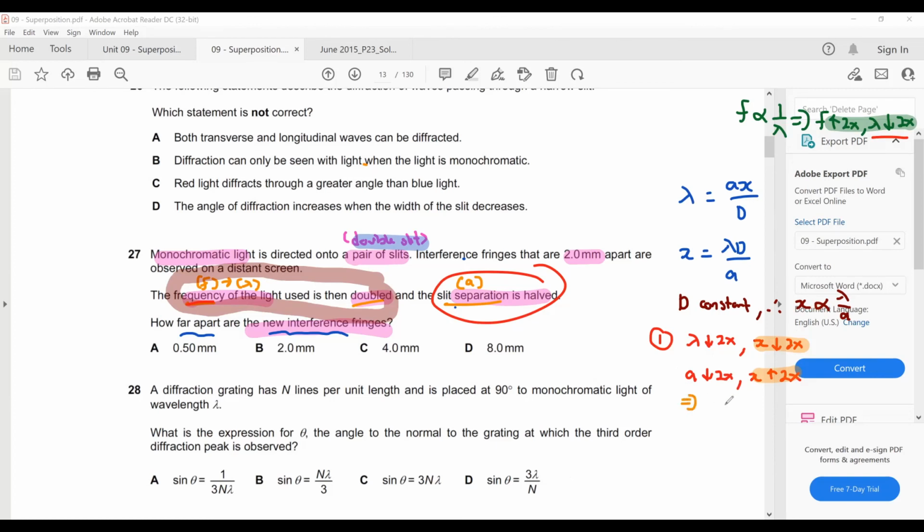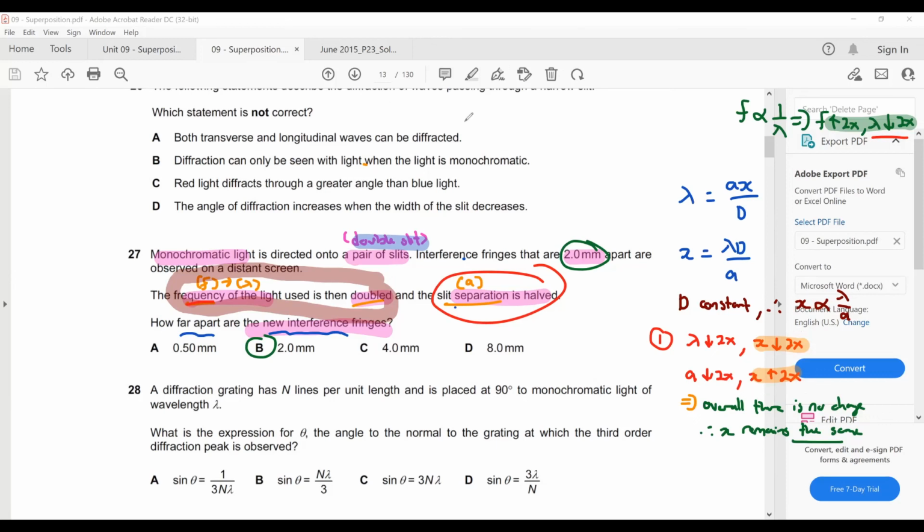The conclusion is that overall there's no change. Therefore, X remains the same. The original value of X was 2 millimeter, so now it should be 2. This is just looking at it by simple ratio method. If you want to calculate it out, you're supposed to get back the same answer.